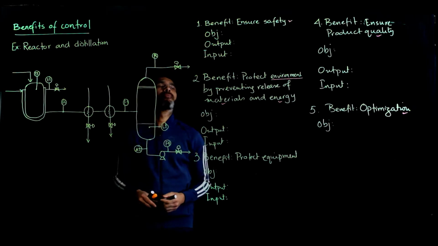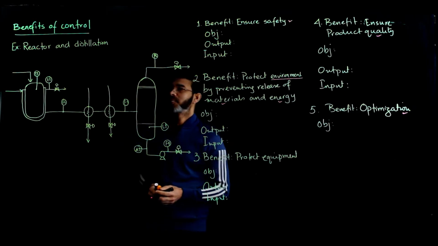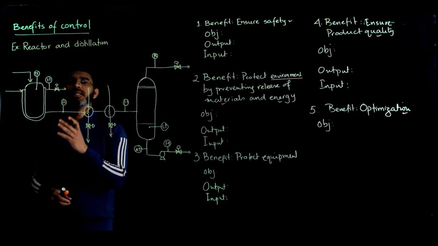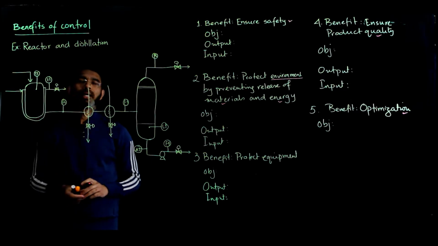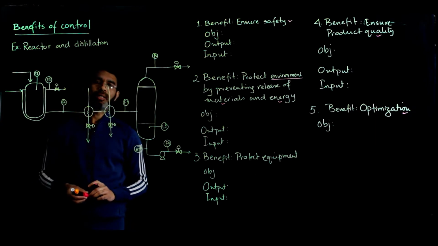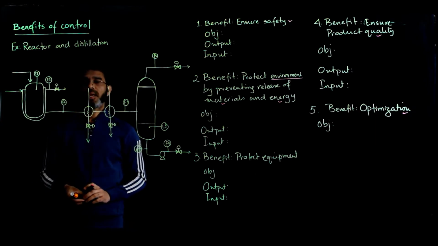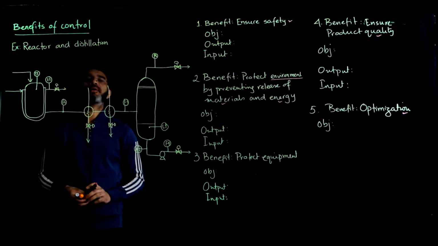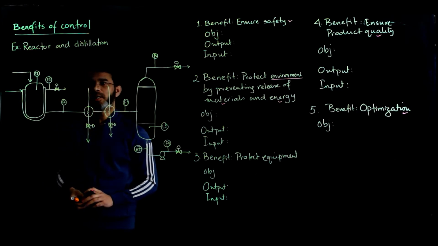To ensure safety, you can think about this reactor part, that the reactor has a cooling system, typically done using cooling water. If the reaction is exothermic, you need to maintain the temperature, and the temperature is maintained by manipulating the coolant water flow.